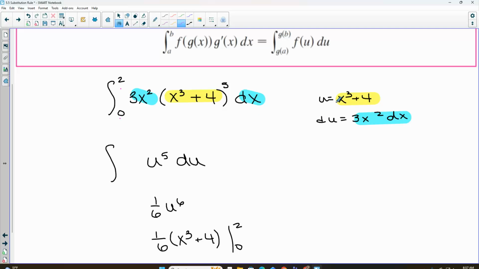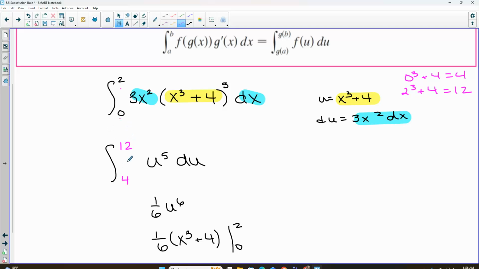So for instance, u is x cubed plus 4. So if x is 0, 0 cubed plus 4 is just 4. So in terms of u, this switches to a 4. If x is 2, 2 cubed plus 4 is 12. And so you could choose to change those limits.